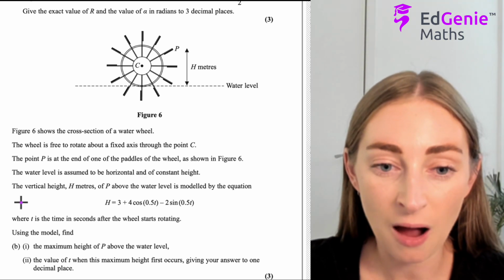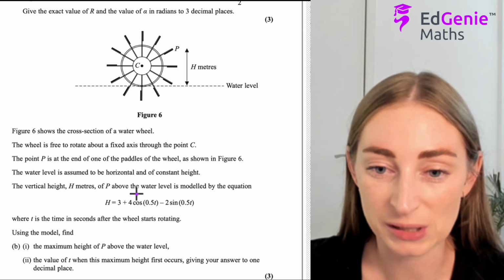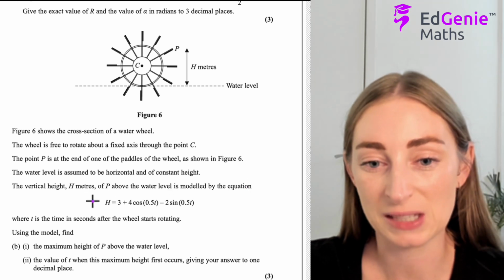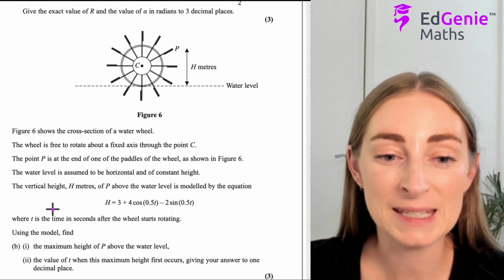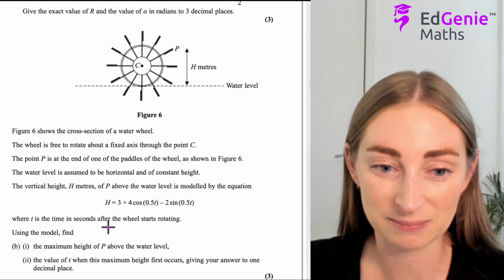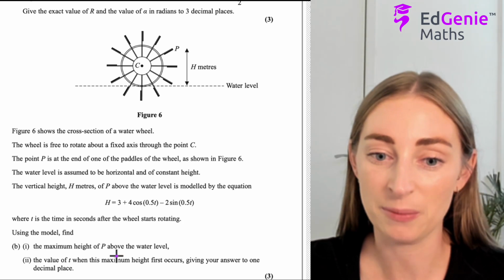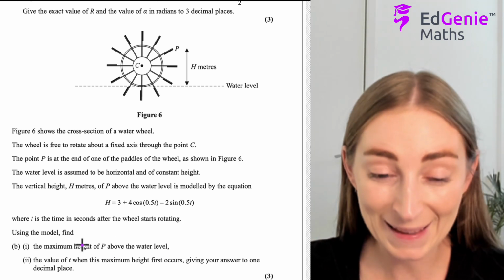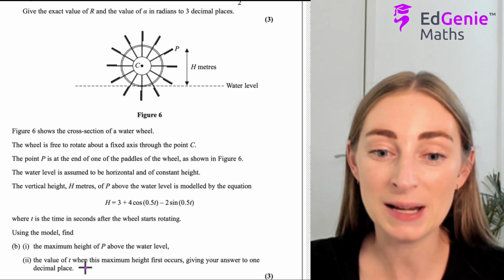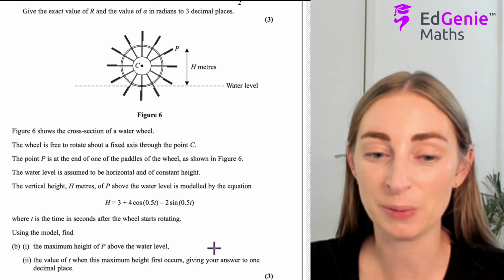The vertical height, h meters, of P above the water level is modelled by this equation, where T is the time in seconds after the wheel starts rotating. Use the model to find the maximum height of P above the water level and the value of T when its maximum height first occurs, giving your answer to 1 decimal place.